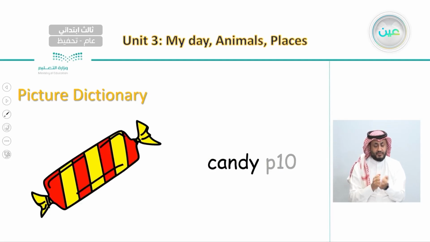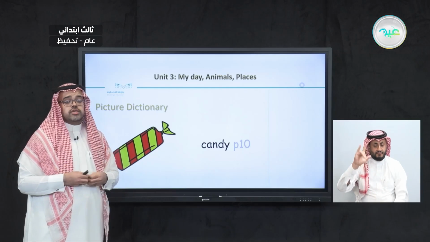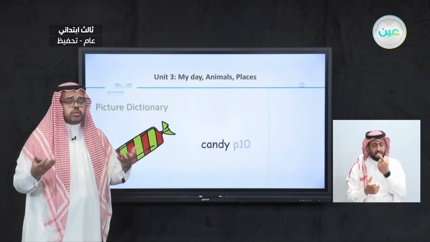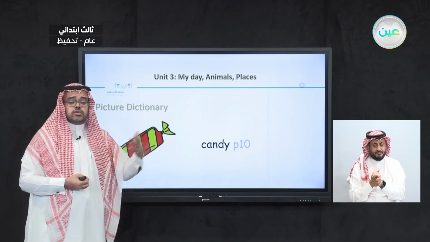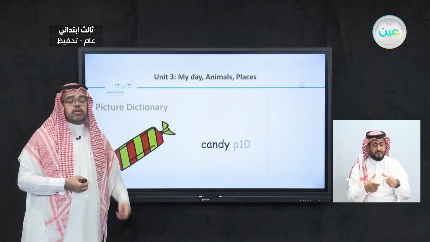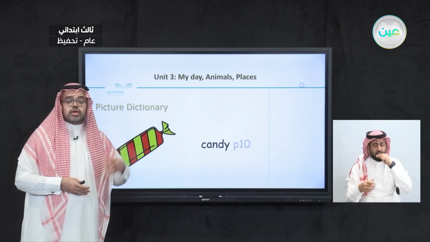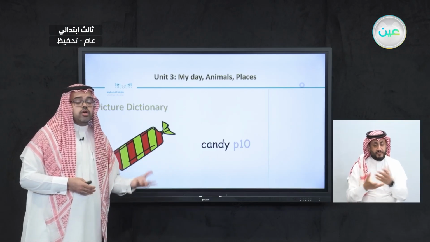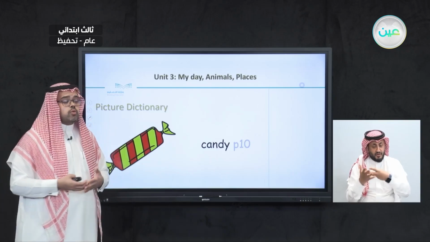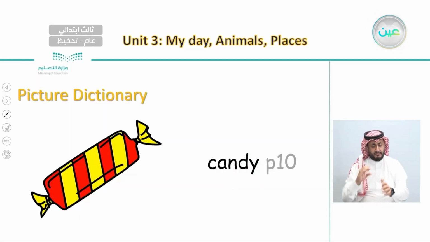Also, we have candy. Candy is a sweet food we usually eat on different occasions, like for example after Ramadan, or when we have a celebration for graduation and so on. We usually have candy to eat. And this word can be seen on page 10.